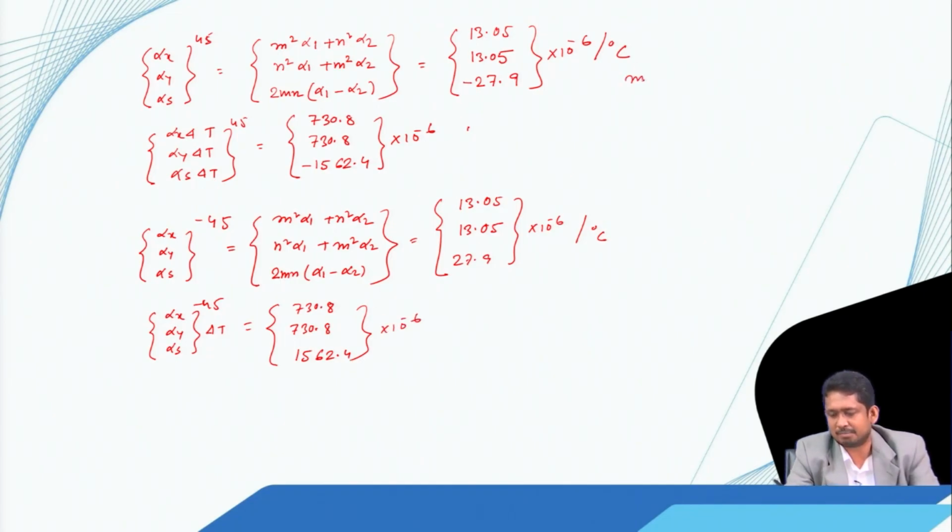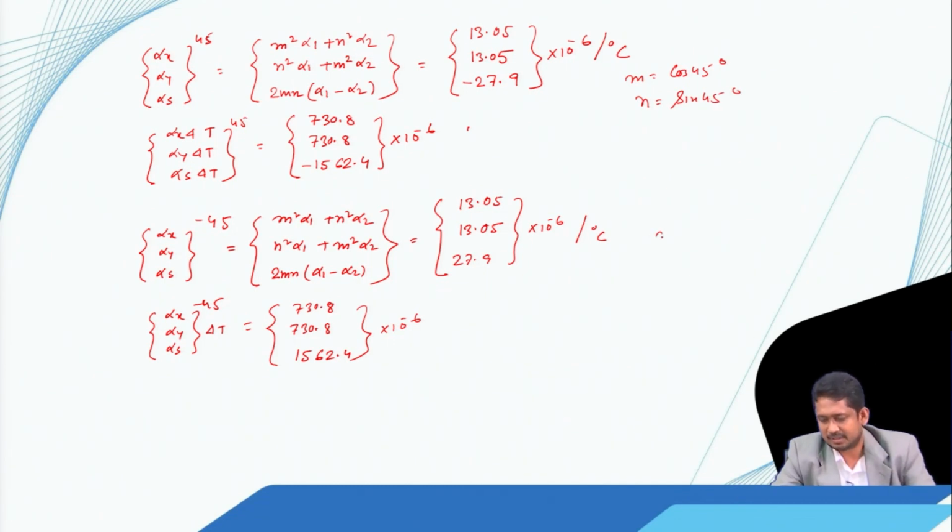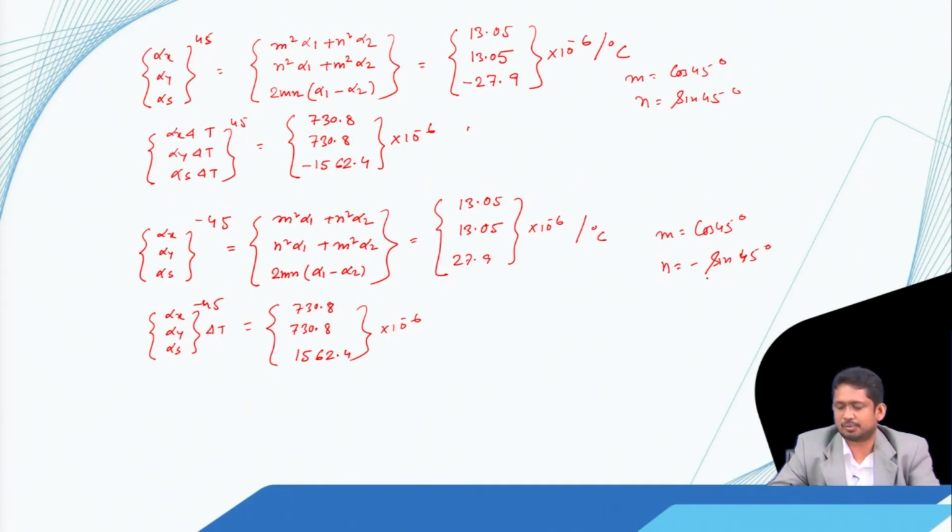So, here m is equal to cosine 45 degree, n is equal to sine 45 degree; here m is equal to cosine 45 degree because n is equal to minus sine 45 degree, because we know that cosine of minus theta is equal to cosine theta.